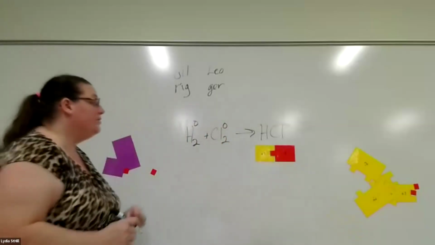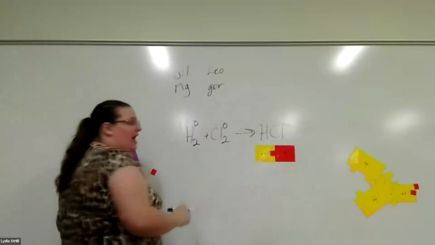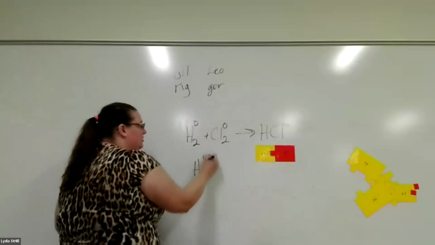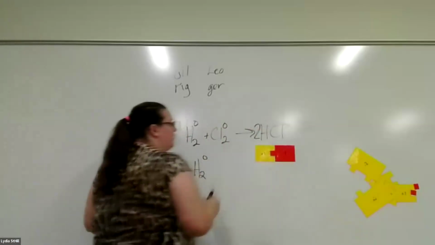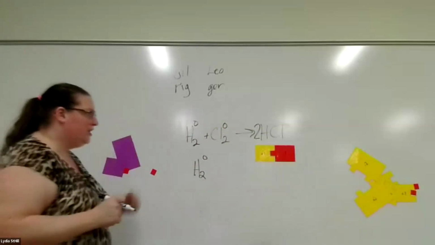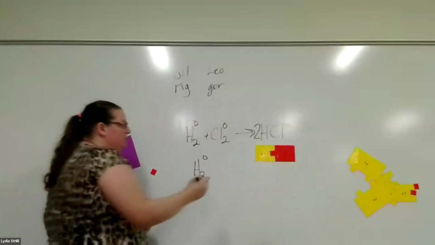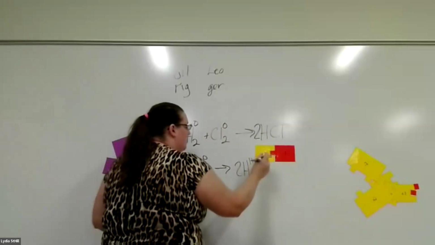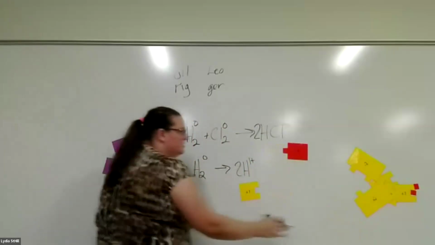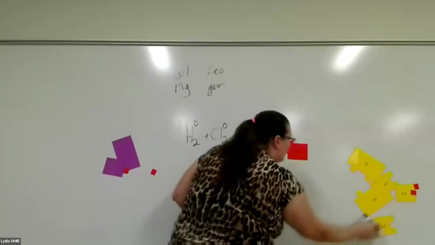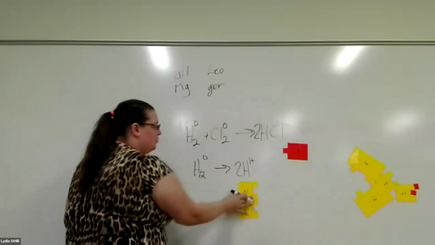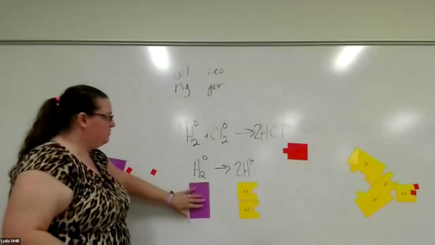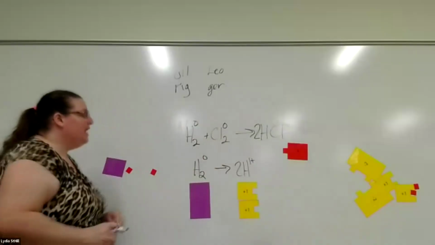So what we're going to look at here is our half reactions that we start to form. So we're going to say H2, 0. And let's go ahead and put that balancing in there just so that we're all good. So H2, 0 is going to be going to 2H with a +1. So if we need to look at it, we can look at 2H plus, and over here, we're going to have our 2H molecules together.